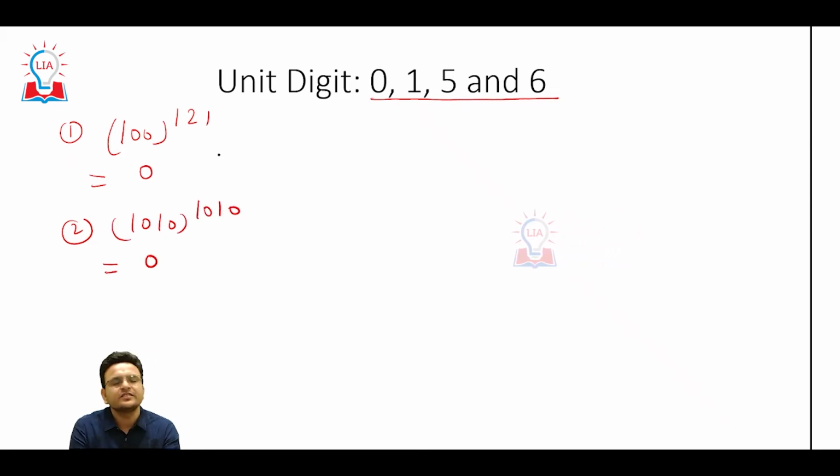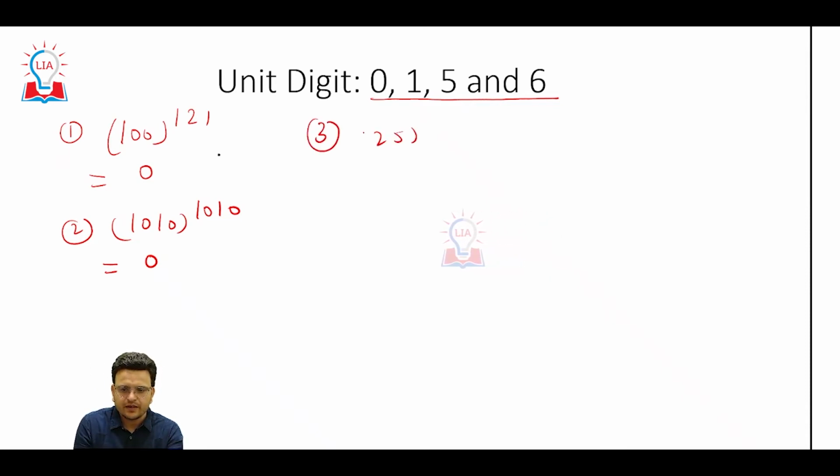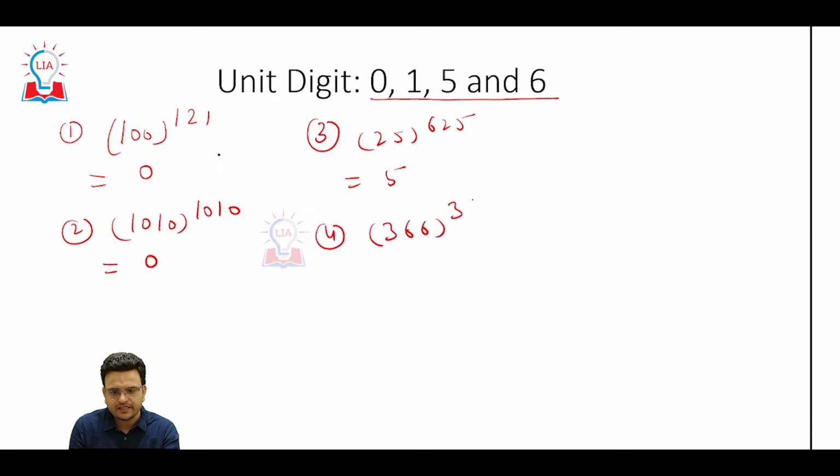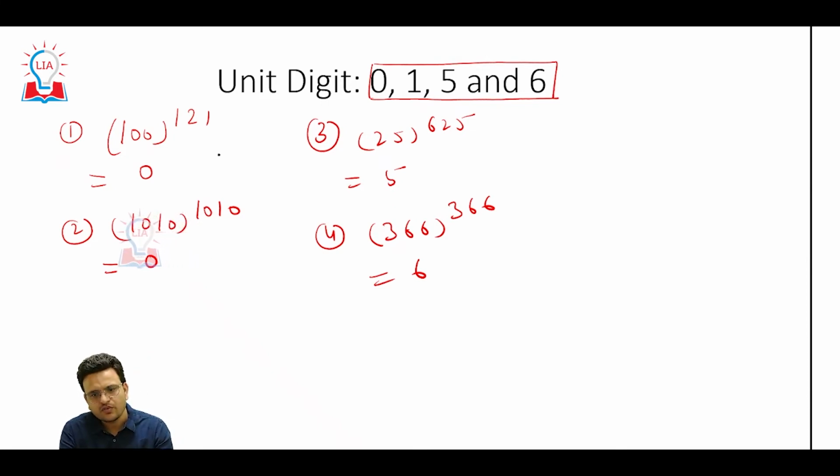The unit digit is 0. 25 to the power 625. The unit digit is 5. 366 to the power 366. The unit digit is 6. Whenever any number ends with 0 1 5 6, the unit digit will be the same. Clear? You have to remember that.